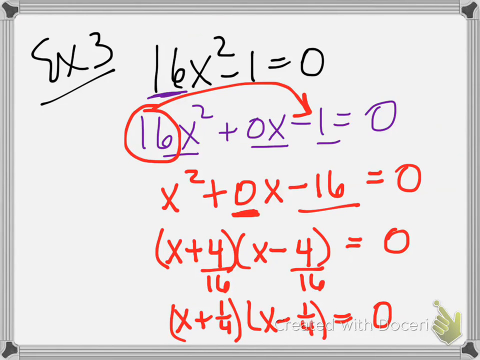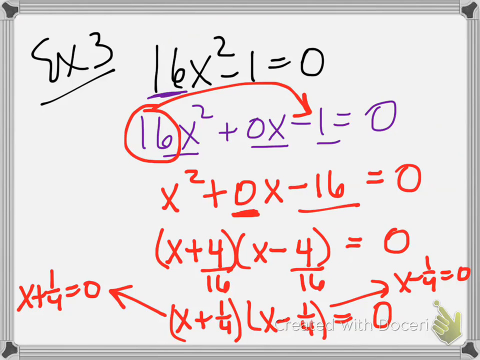So we can squeeze just like we did before, but this time it's equal to 0, so I could just as easily go ahead and find out what my solutions are going to be. So I have x plus 1/4 equals 0, and x minus 1/4 equals 0.